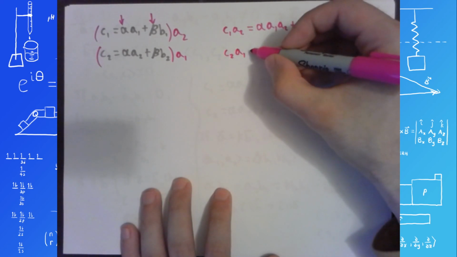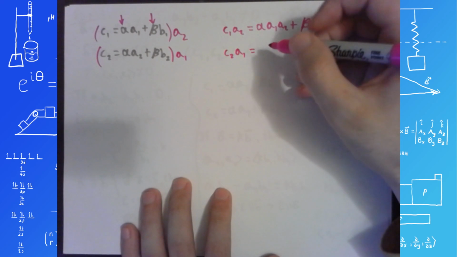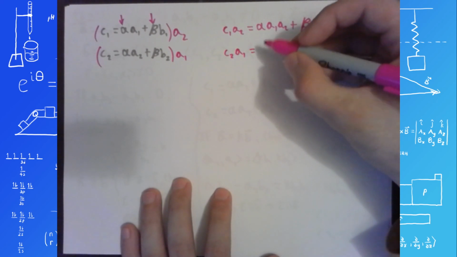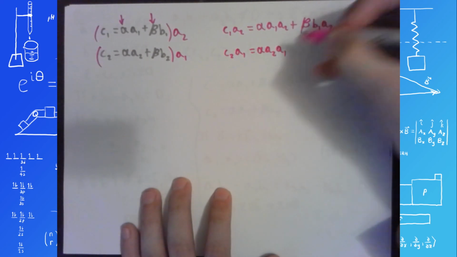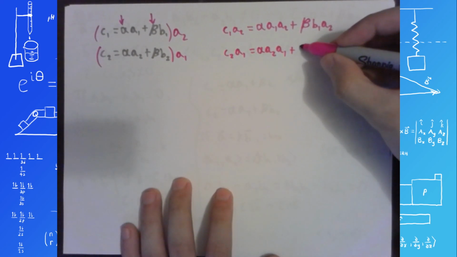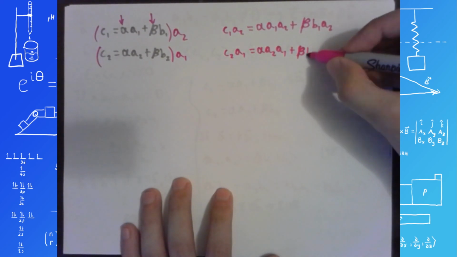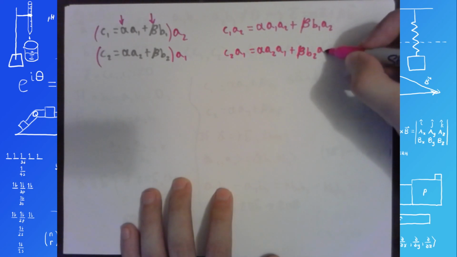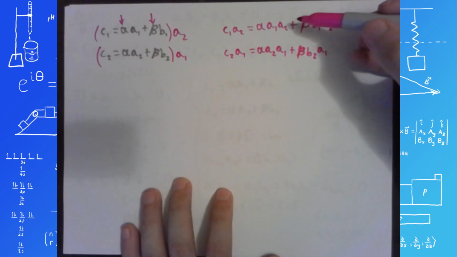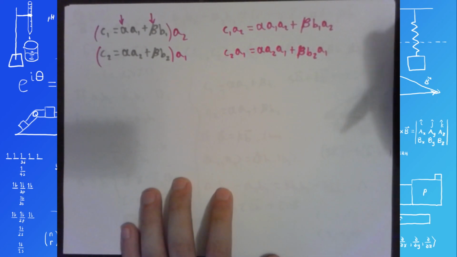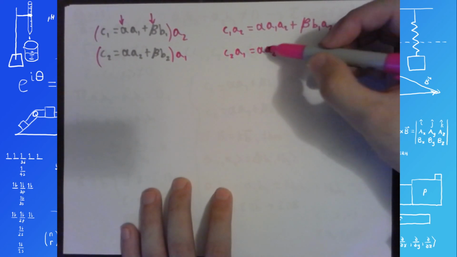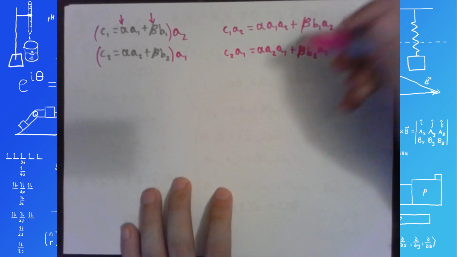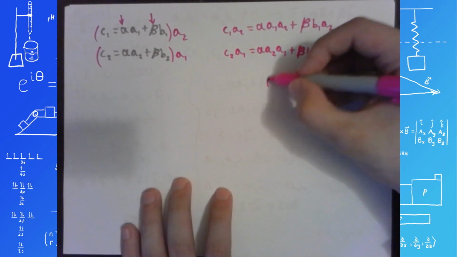For the second one, I'm going to have C2A1 equals alpha A2A1 plus beta B2A1. And if I take the top minus the bottom, or the bottom minus the top, it doesn't really matter, then alpha A1A2 minus alpha A2A1 is just going to be 0.